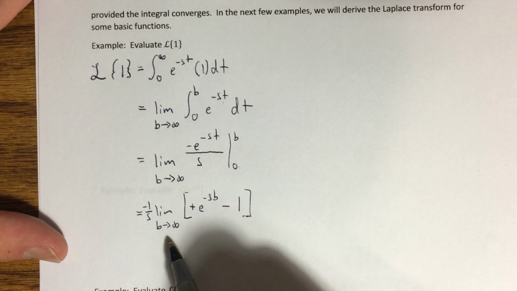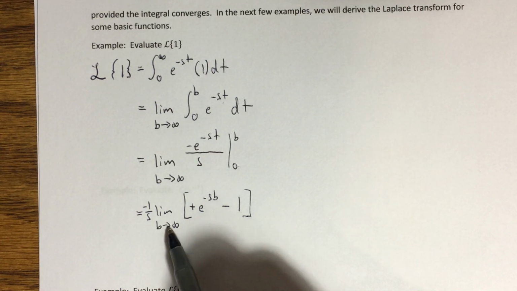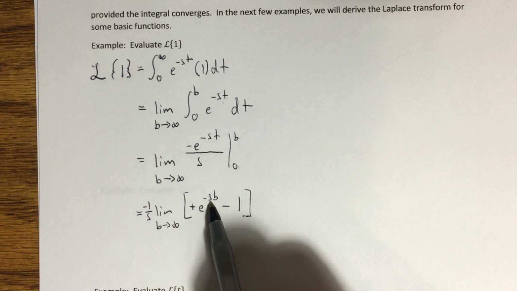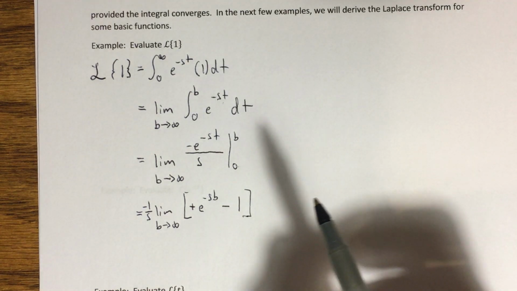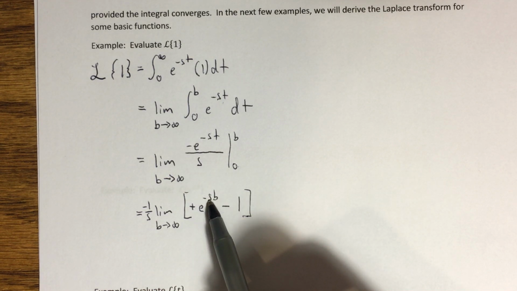Okay, now at this point, we want to evaluate this limit, but we have to be really, really careful because depending on what s is, the limit as b goes to infinity might be defined, it might not be defined. So for example, if s is a negative number, then minus s will make that a positive number.